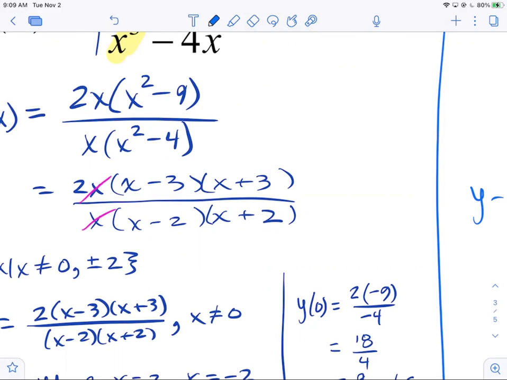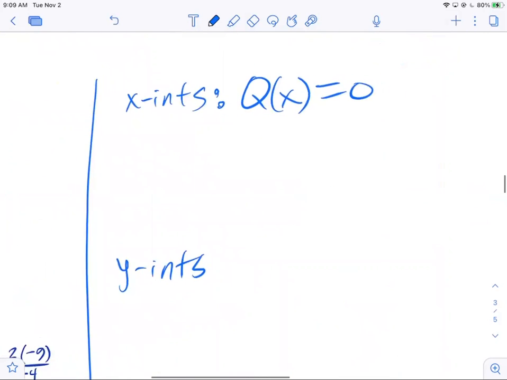So we have to use the one with the hole gone. So once the holes are divided out, there are still 2 values that make the numerator 0, right? 3 and -3. So those are going to be the x intercepts. So you can list it like that. You could say q of x equals 0 when x equals ±3. And then you list them as ordered pairs. That's -3, 0, +3, 0.